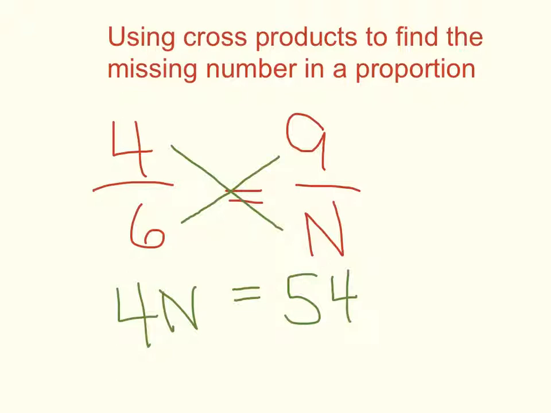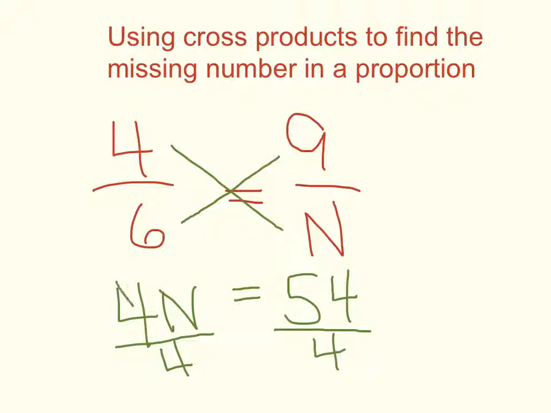And how do we solve a one-step equation? Well, we isolate the variable by doing the opposite operation with the exact same number. So I'm going to divide that side by 4. What I do to one side of my equation, I have to do to the other side.